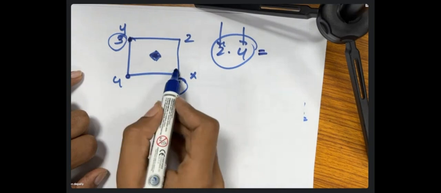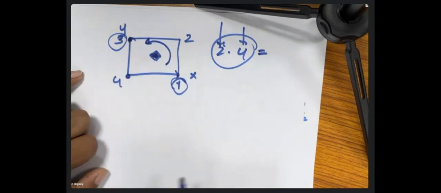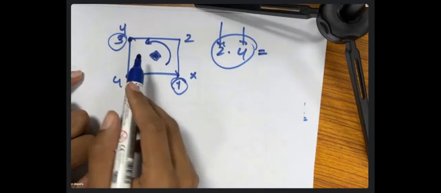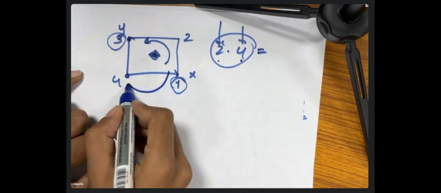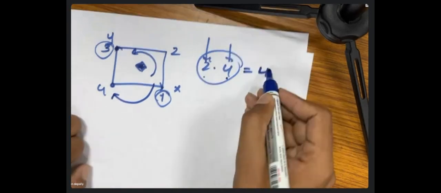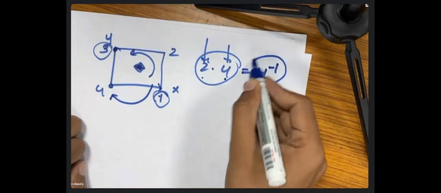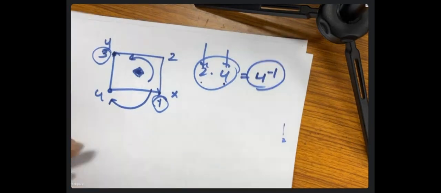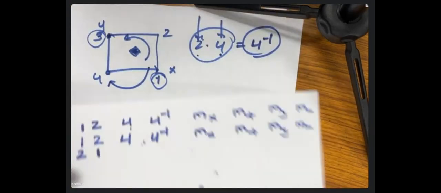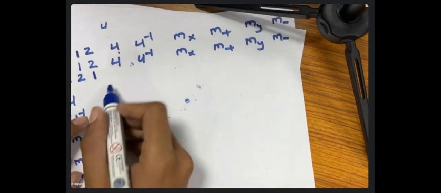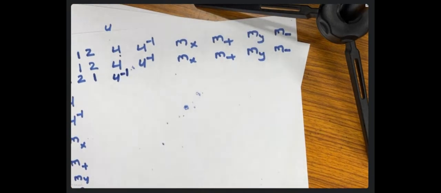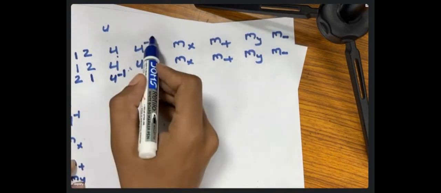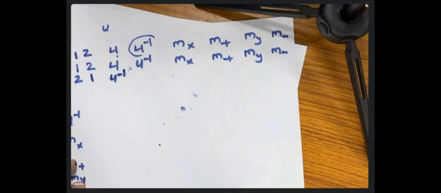Instead of rotating in the clockwise manner, one can rotate in the anti-clockwise manner and it will be the fourfold inverse. So twofold and fourfold is giving the fourfold inverse, which itself is one of the elements.